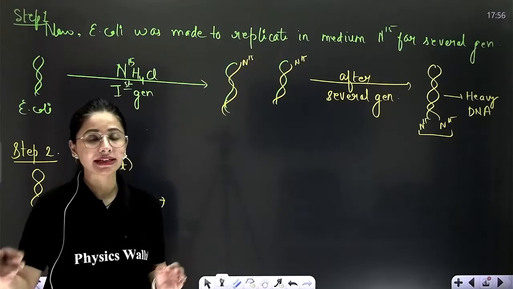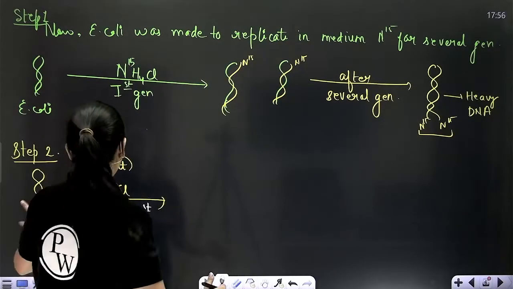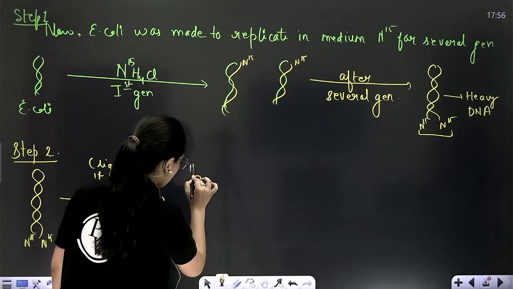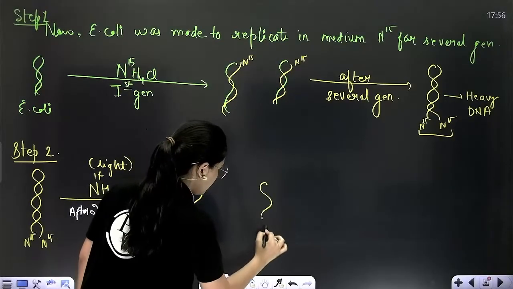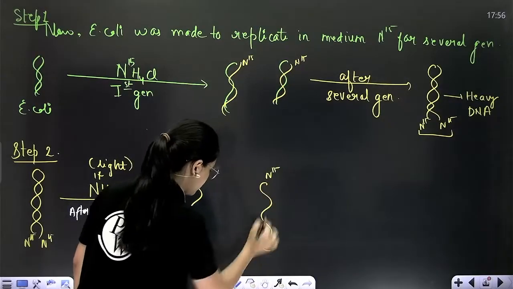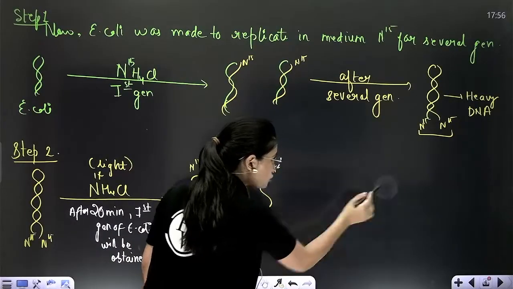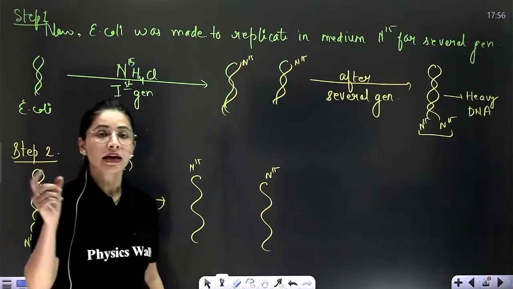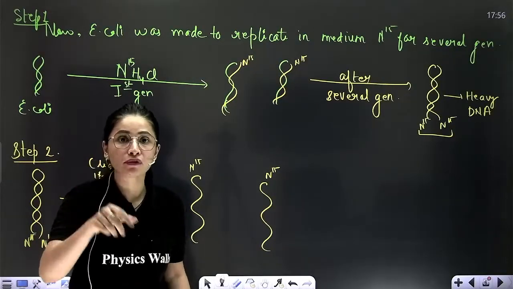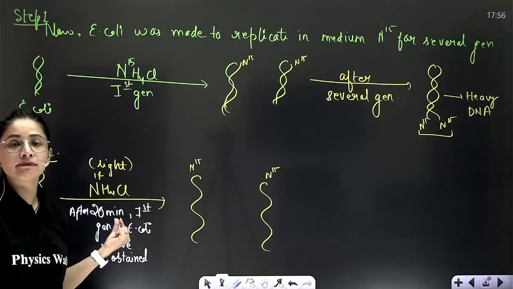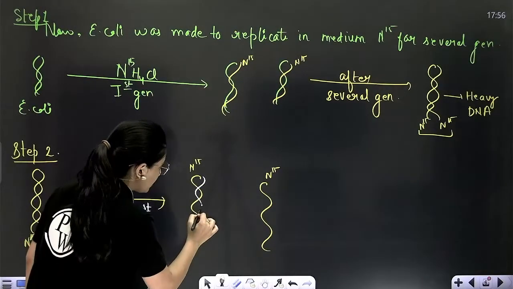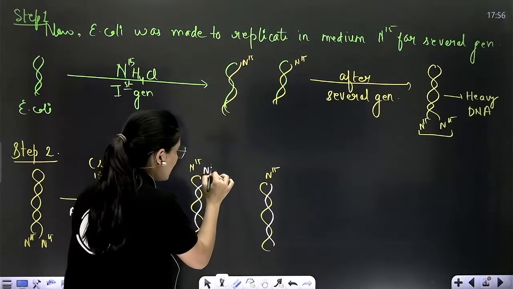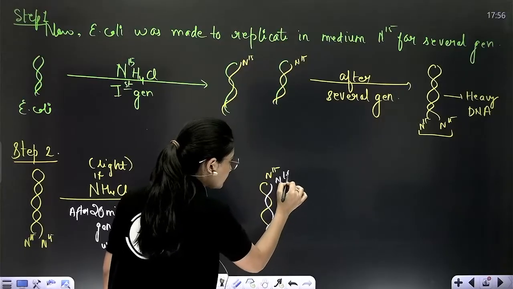If semi-conservative replication is taking place, then first of all, both the strands will undergo replication, and on both the parental strands, new daughter strand will be synthesized, in which the nucleotides are made up of nitrogen picked up from the medium, which is N14. So this time the new daughter strand complementary to the parent strand will be synthesized having N14.